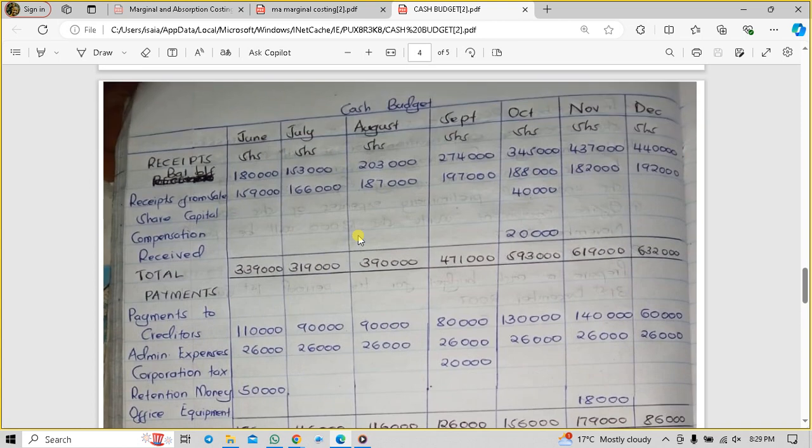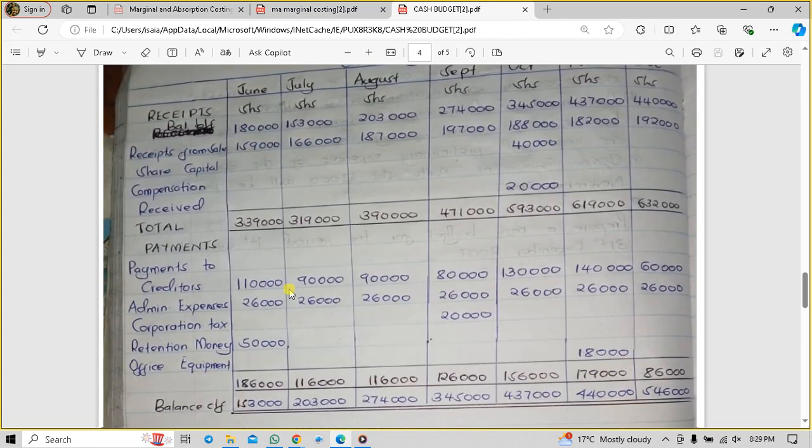After you do that, you're done with the cash budget. You just get the totals for receipts, and you underline. Actually, you can't get the total when you don't have the balance. So the first thing is to calculate the total receipts for the month of June and total payments.